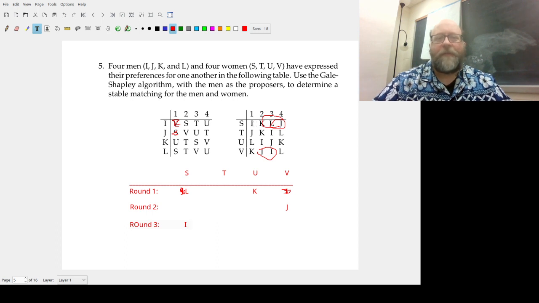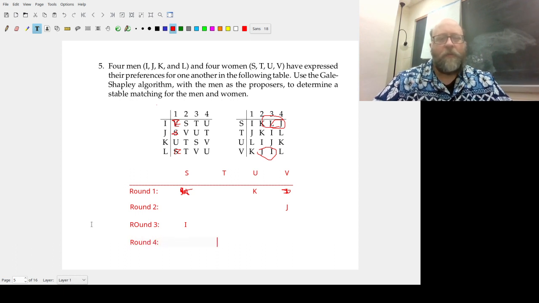S is very happy because I is S's first choice. And so L hits the road. Here we go. And now L has to approach L's second choice, but that's T. And so far, T doesn't have any offers.